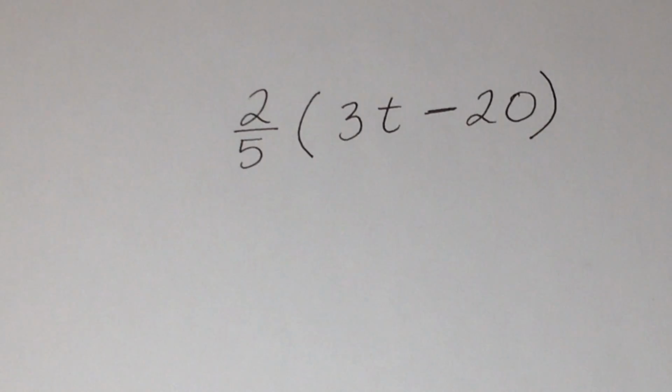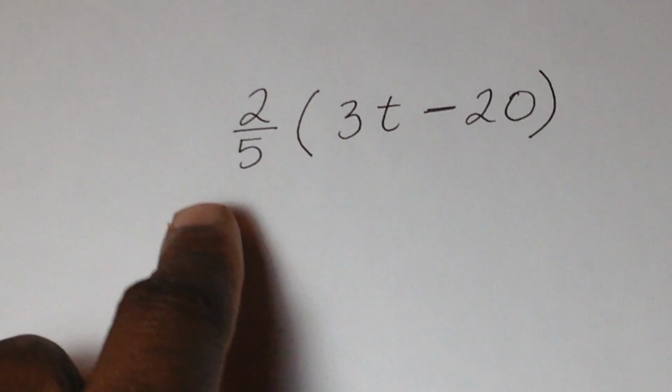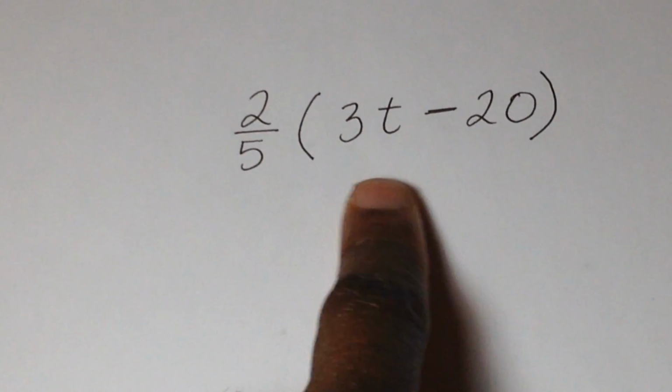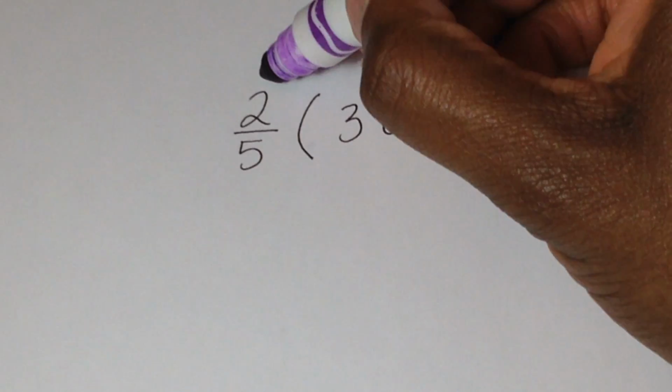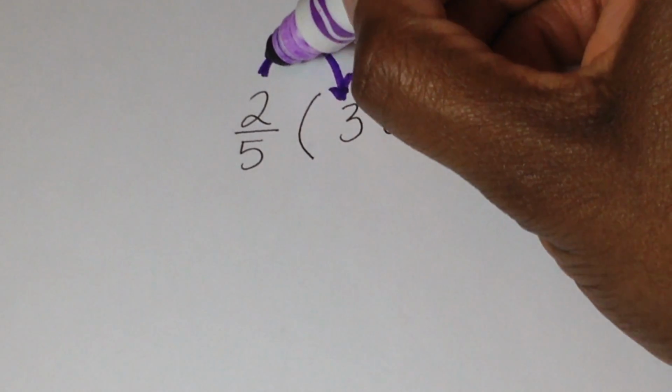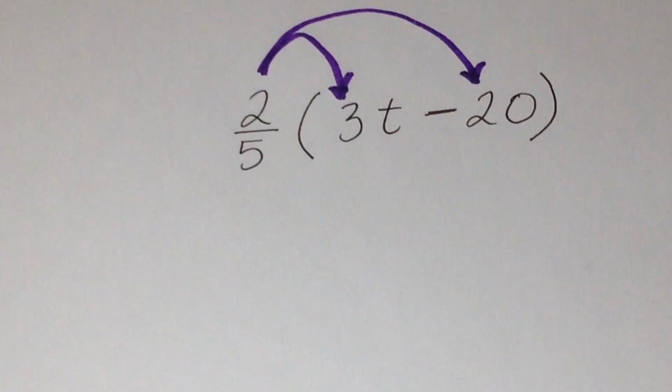All right, I have my fractional factor of 2 over 5, and it's being multiplied to 3t minus 20. Again, do the distributive property, and we're just doing the arrows to remind us what I'm going to be multiplying the 2/5 with.